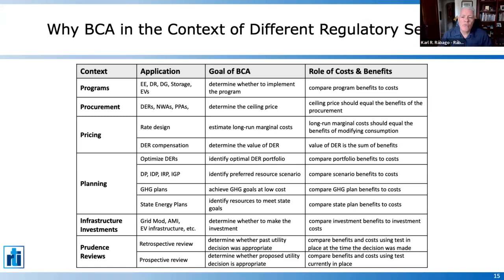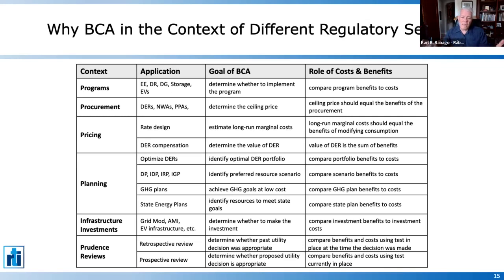We don't need to go through them all, but I want you to think expansively about where we can apply this analysis. It may not be the only thing that determines the decision, but it gives an analytical foundation, that systemic approach we talked about, to inform the ultimate decision that has to be made.